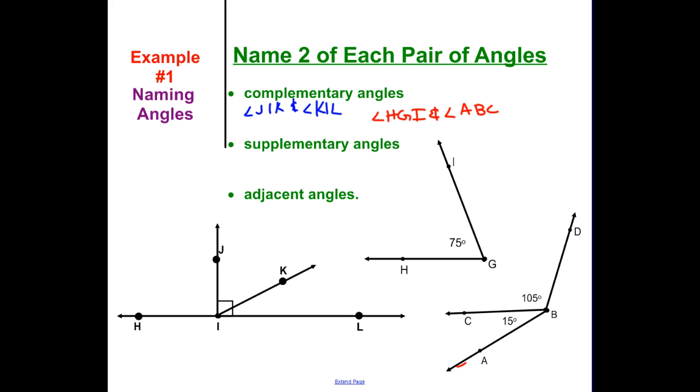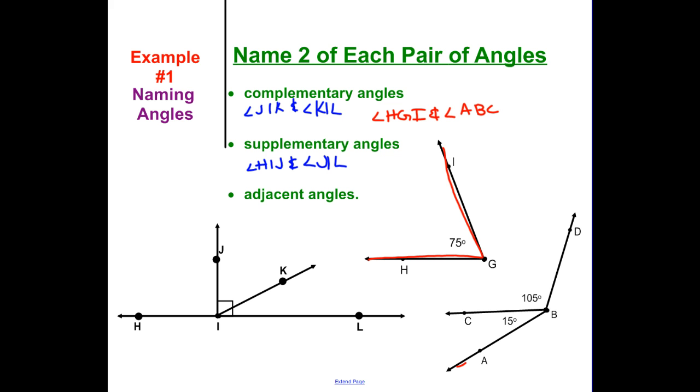Supplementary angles. Well, the easy one again to see is going to be over here, where this angle plus this angle equal 180 degrees. So let's do that one first. Angle HIJ and angle JIL. Again, the harder one to see is the one that aren't connected.